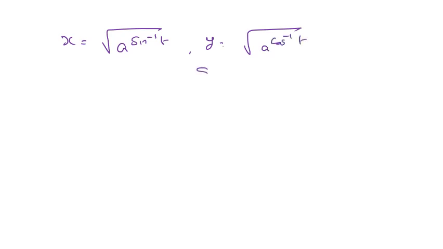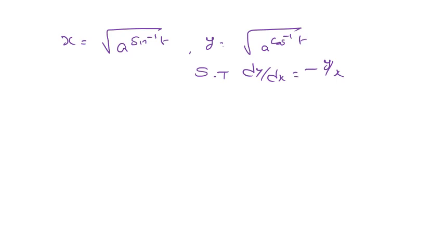It's another type of question. x is equal to root of a raised to sin inverse t, y is equal to root of a raised to cos inverse t. Show that dy by dx is equal to minus y by x.